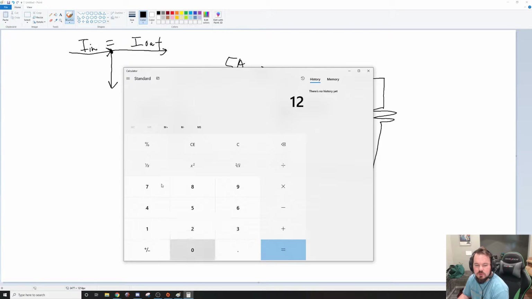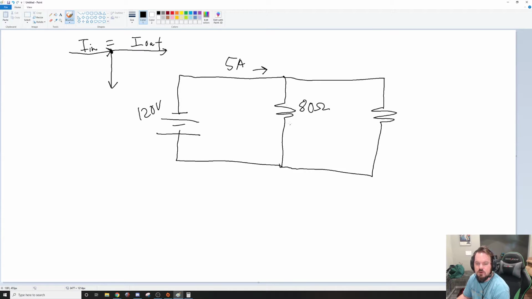So 120 divided by 80, 1.5. So we know there's 1.5 amps traveling through here. We have all the information we need to solve the rest of the circuit.